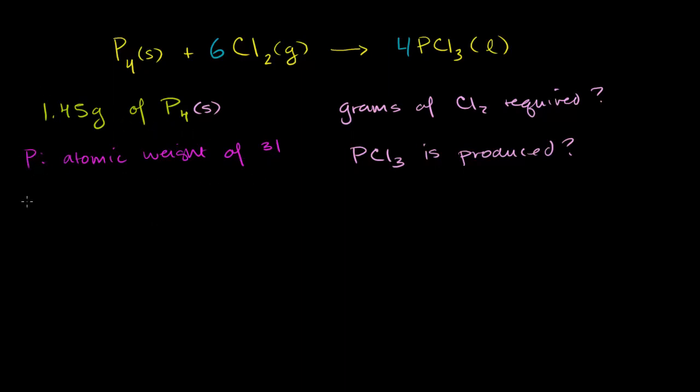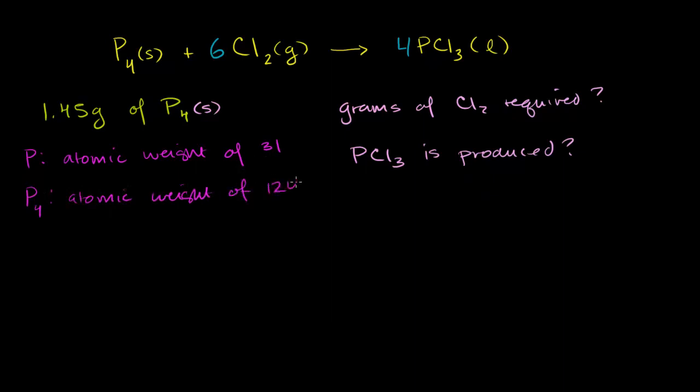Now, if you look at the atomic weight of P4, or a molecule that has 4 phosphorus atoms in it, it's going to be 4 times this. So it's going to have an atomic weight of, well, it's 4 times 31. It's 124.